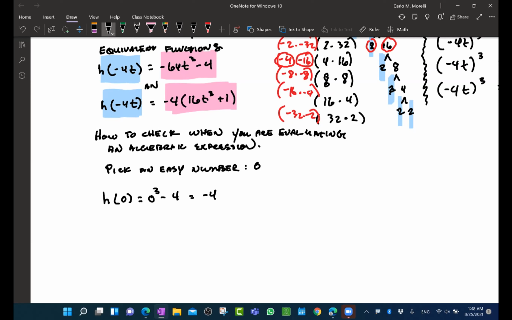All right. And then we substituted in negative 4t, right? So we want to check our answer. We'll write the whole thing out. h of negative 4t equals negative 64t cubed minus 4.